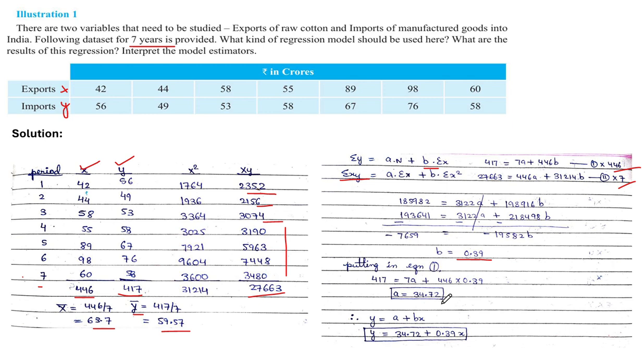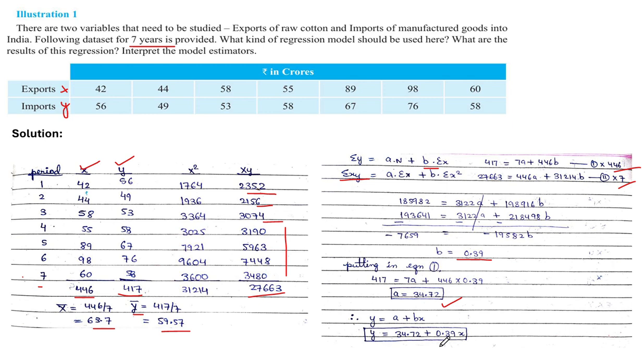Here we will find a is equal to 34.72. So our equation was y is equal to a plus bx. Further we solve, and we get y is equal to 34.72 plus b into x, b is 0.39 into x.